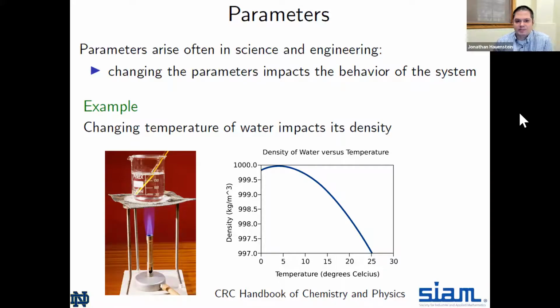For example, if you're a chemist in your chemistry lab, you can adjust the temperature on your Bunsen burner to be able to change the temperature of your water. By changing the temperature, you're changing the density. So you don't have a direct control on the density, but you can indirectly impact it by changing the temperature. So these parameters are things that we're able to control and adjust, and we want to see how the system changes as we change the parameters.